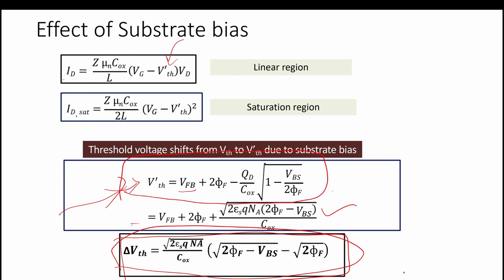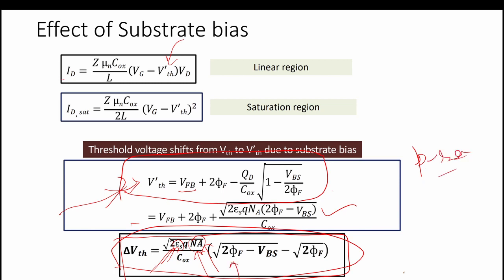This depends on the oxide capacitance and the dielectric constant of the semiconductor. This epsilon s is the dielectric constant of the substrate, or the semiconductor. This is the doping of the p region, the substrate doping, not the n plus region.